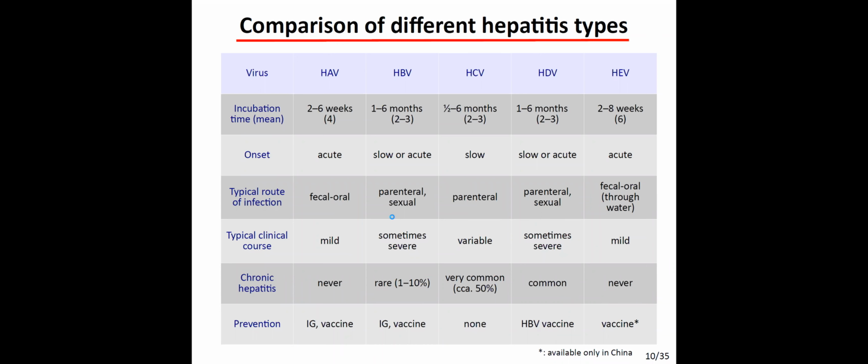Another virus is hepatitis D. Hepatitis D is an interesting virus. It is an ineffective virus alone. It can infect only those patients who are carrying hepatitis B virus particles, because it uses the enzyme system of hepatitis B to replicate. So this is why that ineffective virus alone does nothing.